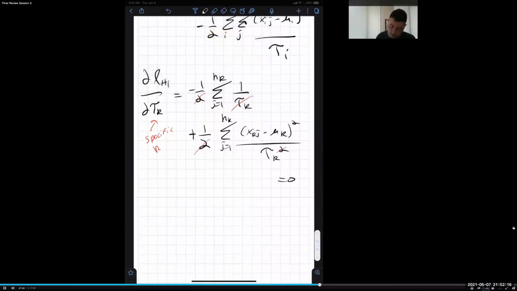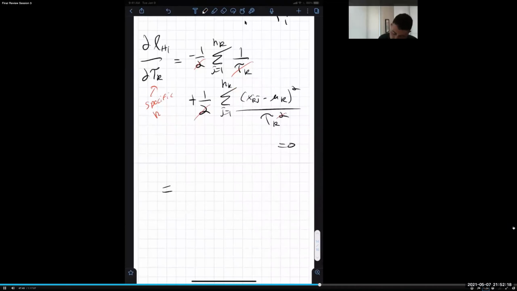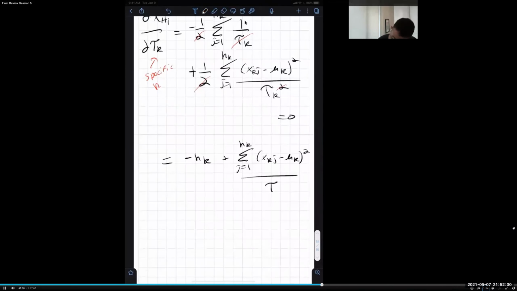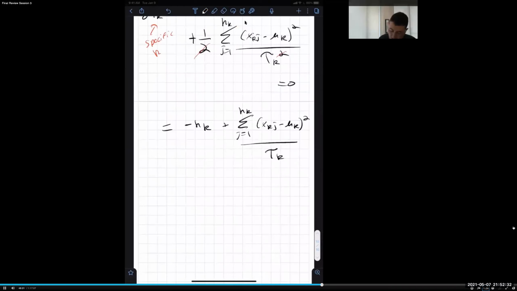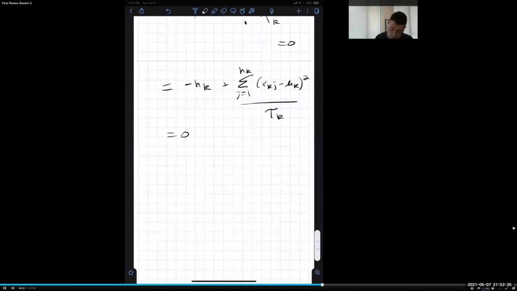Now, this becomes just the sum to nk. So this just becomes negative nk plus this sum from j equals 1 to nk of xkj minus mu k squared divided by tau k. There's no outer sum for the tau k to follow. And so when this equals 0, we get that tau hat k equals sigma squared hat k.